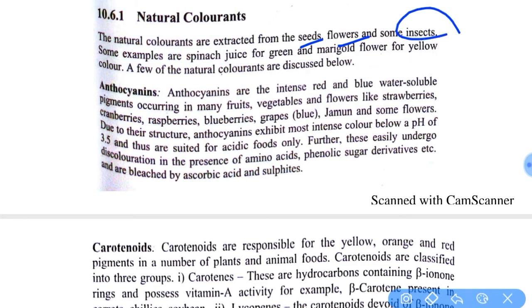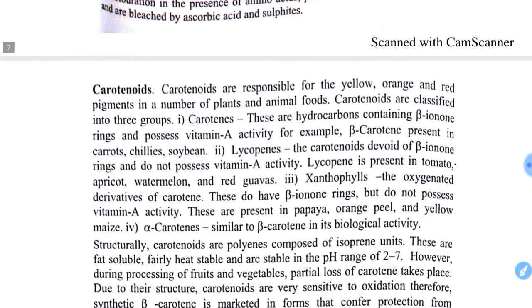So anthocyanin, one example, is a water soluble pigment occurring in many fruits, vegetables, flowers like strawberries, blueberries, grapes. Okay, carotenoids. These are beta carotenoids, beta carotene. These are also some examples of natural colorants.